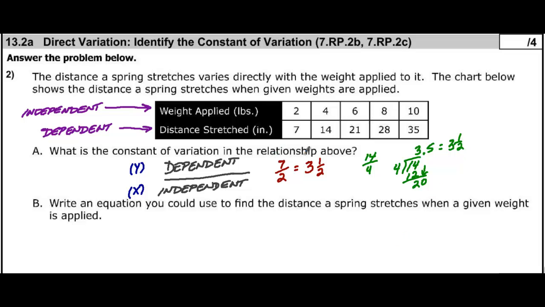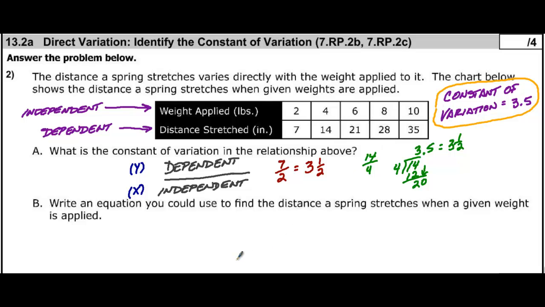So for this relationship, the constant of variation is 3.5. And if you showed it as a fraction, that's just another way of saying 3.5.